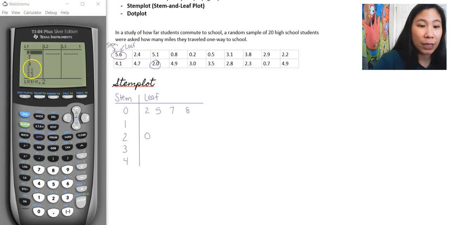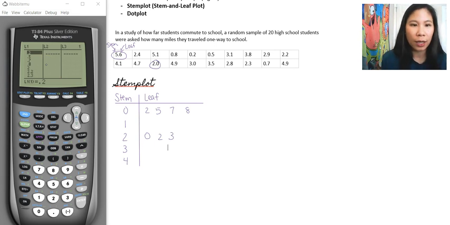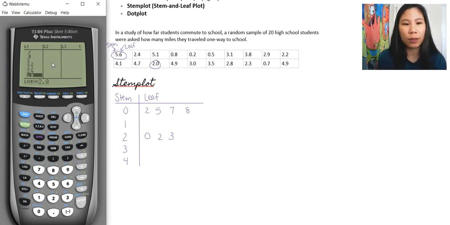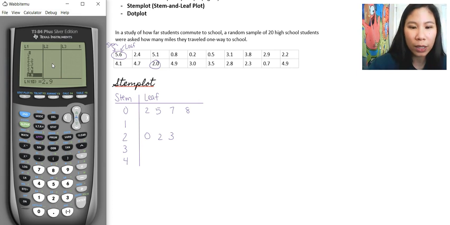Then I'm going to continue on. So after the 2 was a 2.2, and then a 2.3, and if I scroll down, after 2.3 is a 2.4, and then a 2.8, and then a 2.9.